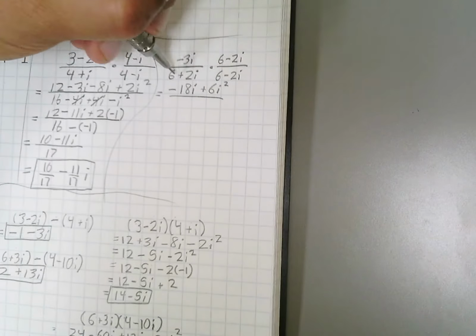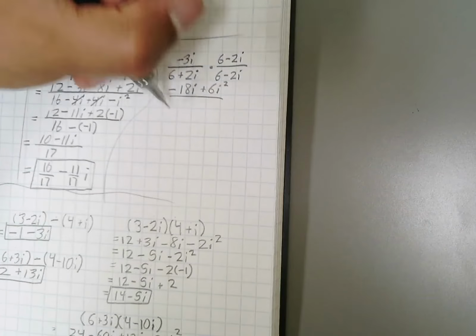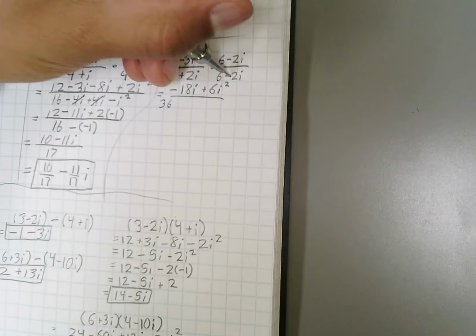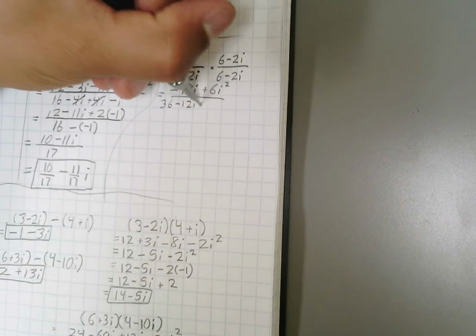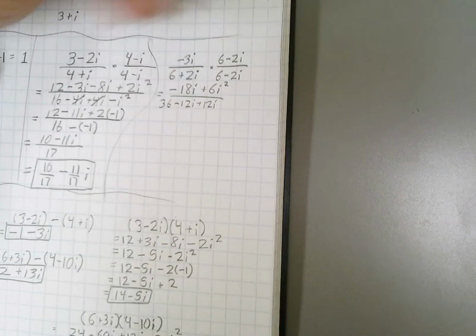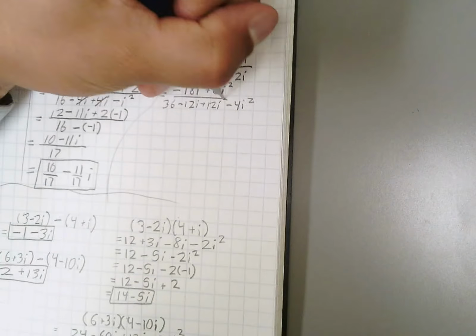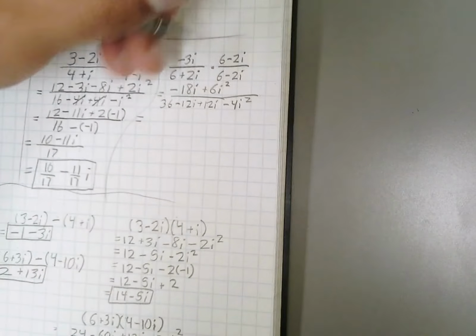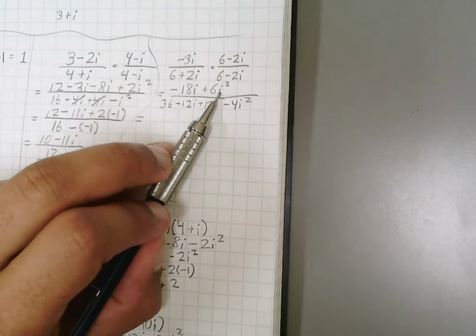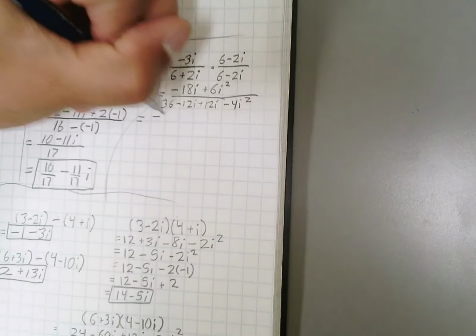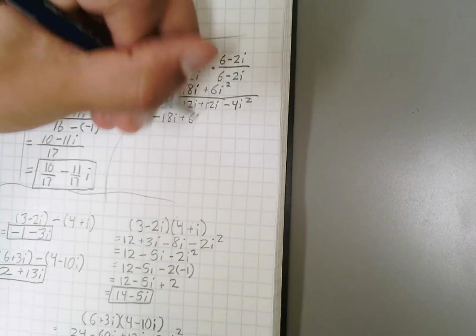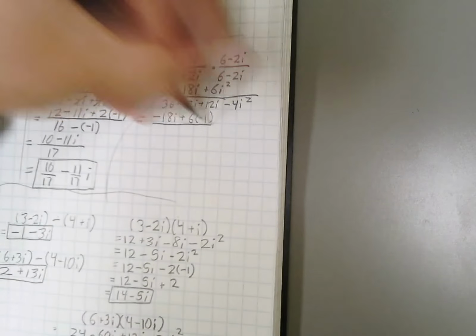I FOIL down in the bottom. 6 times 6 is 36, minus 12i plus 12i. The last term, 2i times negative 2i, is negative 4i squared. i squared is negative 1. So I substitute a negative 1.